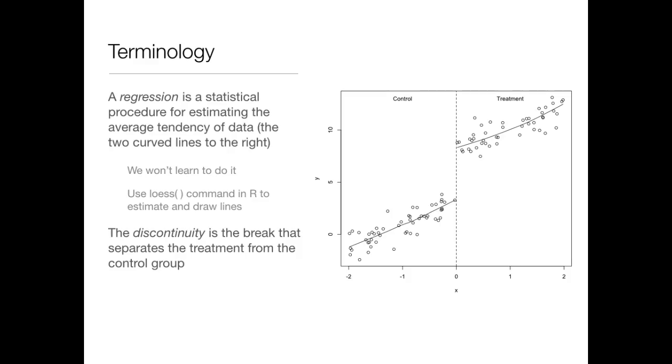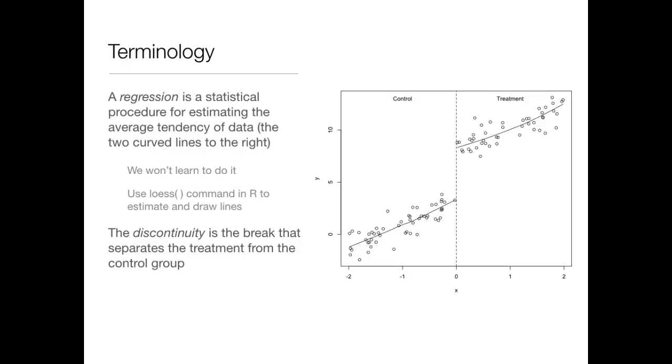Okay? So the terminology, as I mentioned a moment ago, comes from a statistical procedure called regression. Now, as I said, you're not going to learn that here. You can use the lowess command in R to estimate and draw lines among data like this, so you can get some visual sense of how big the difference is.